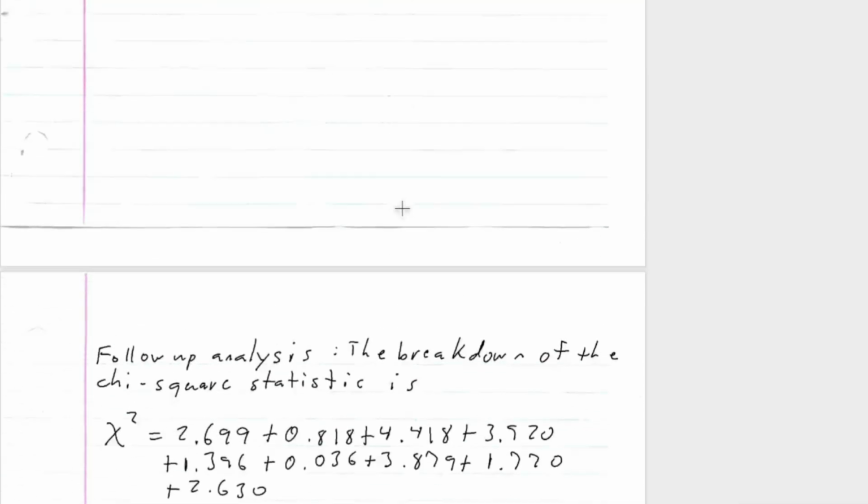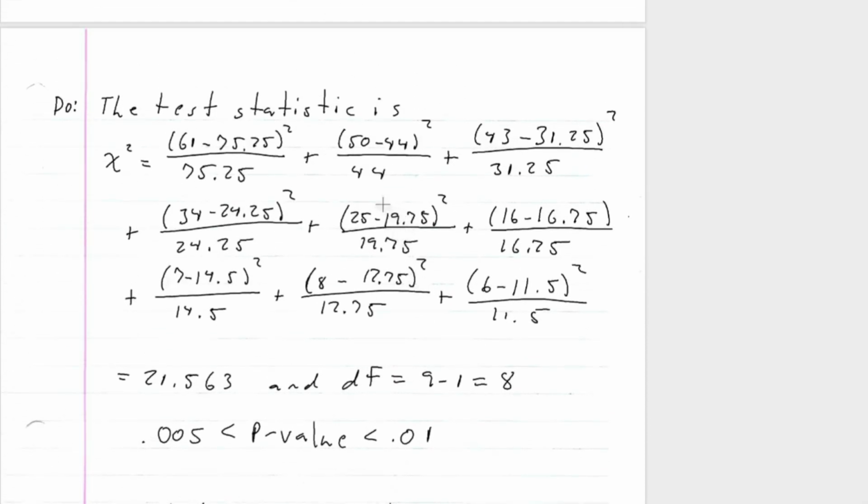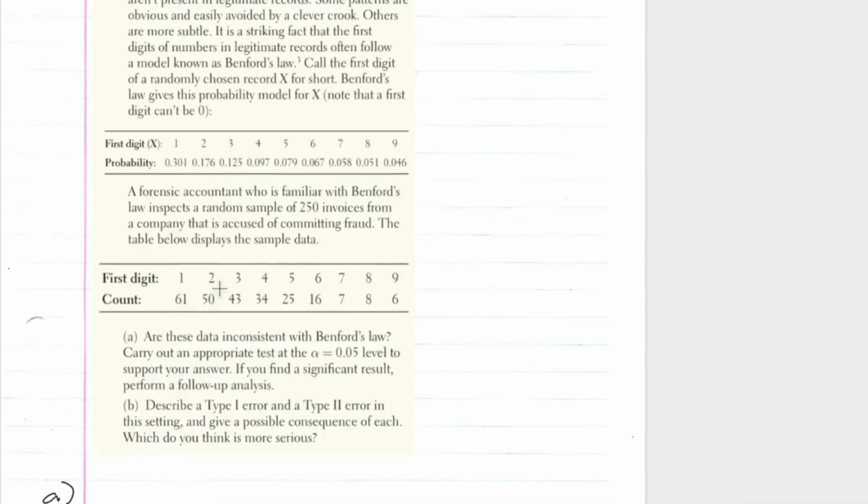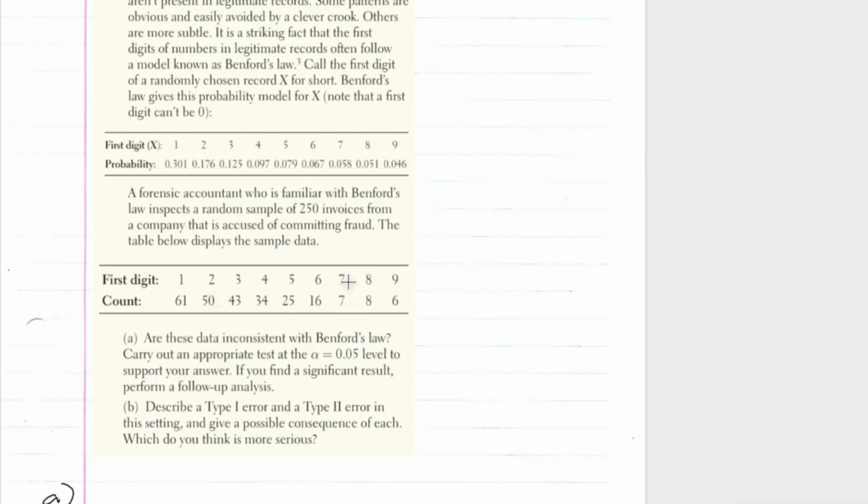With the 7 one, let's go up here. You can see that the expected is 14.5, but what we got was 7. So there weren't enough that started with 7. There were 7 of these invoices that started with the first digit being 7.